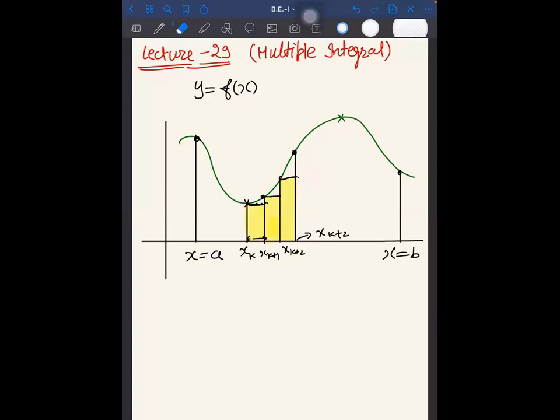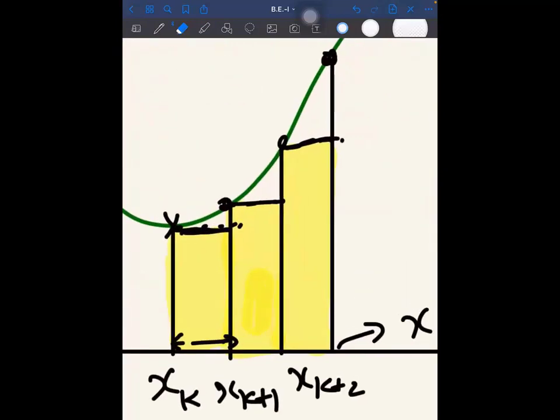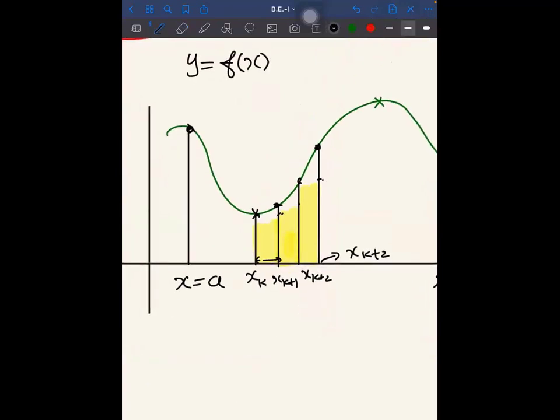But what happens if you increase the number of rectangles, by putting this thing, and then this thing, and then this thing? Now, with those lower rectangles, you will come to know that you are getting more area than in the previous case.